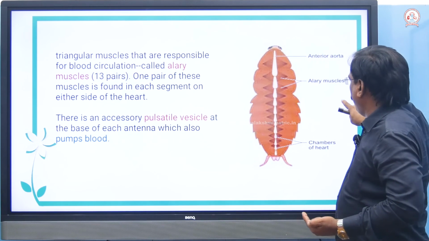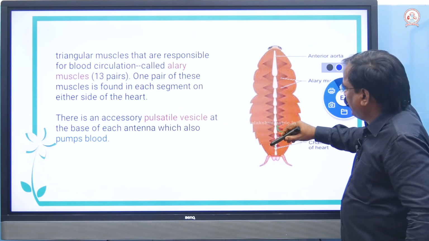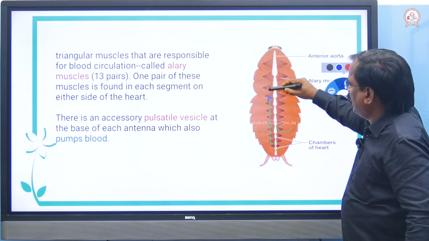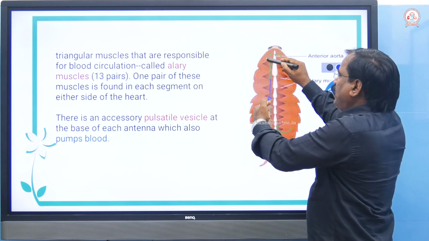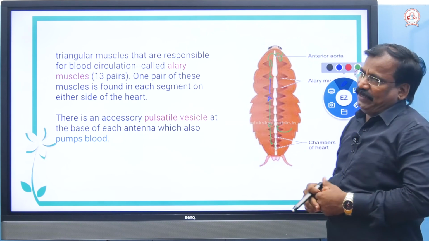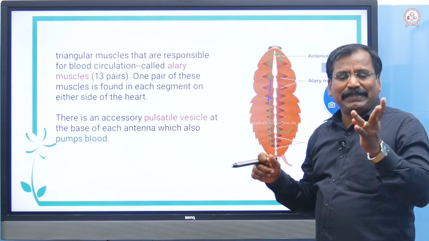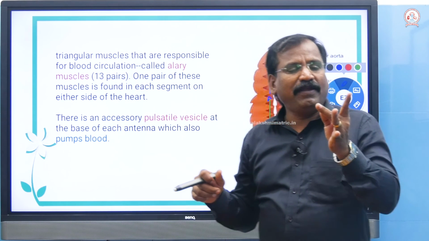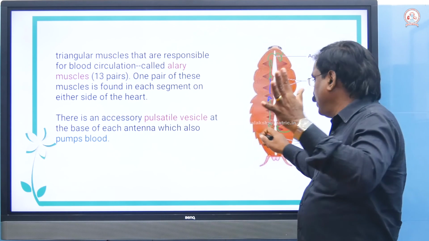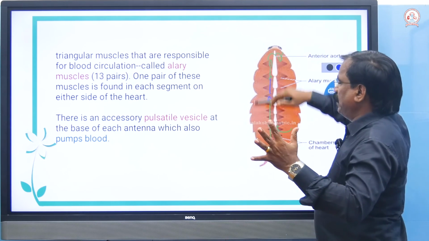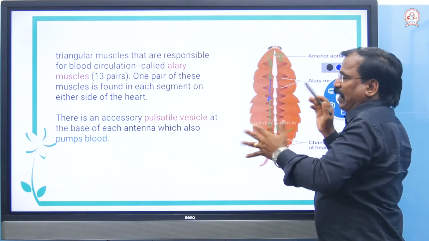Okay, body fluid enters, அப்படியே போயிட்டு என்ன பண்ணும், in the direction from posterior to anterior, that blood moves and drains into the cavity, sinus. So a simple mechanism. Okay, the alari muscle, 13 chambered heart, sinus, and in the posterior to anterior direction the blood flows and drains into the sinuses.